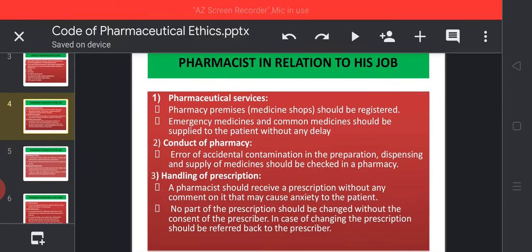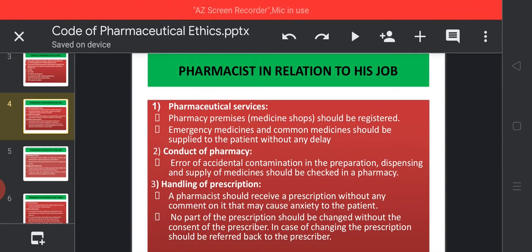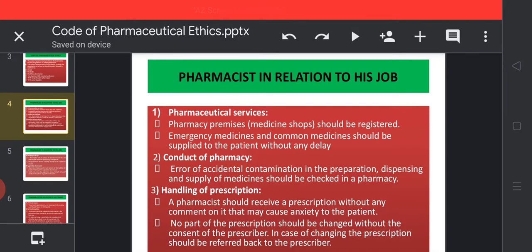So pharmaceutical services. Services means what? What are the essential services, the responsibility of each pharmacist, to dispense the drug to a specific person.